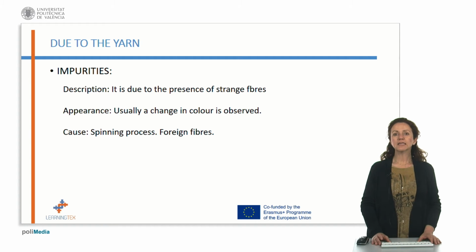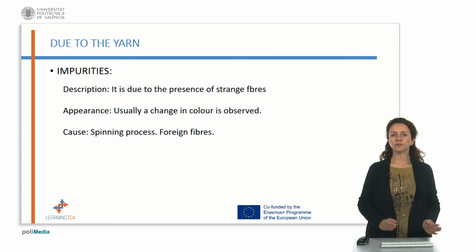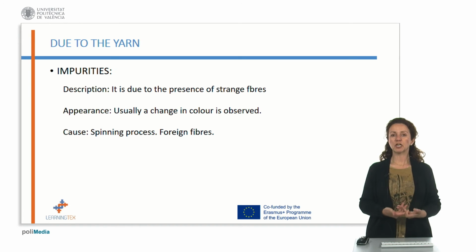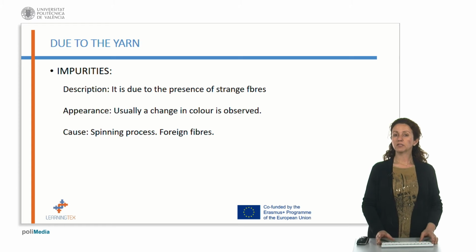Well, usually it is noticed when we have colored fibers or when we are going to dye the fibers. So, in the previous case, if we have the cotton yarn in which some impurities are included in the shape of polyester fibers, we would observe that when it's white, it's very difficult to detect this defect.